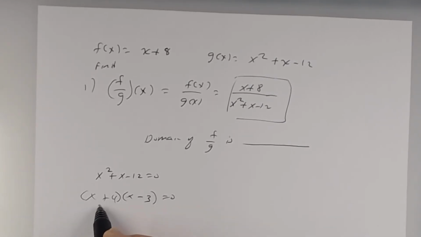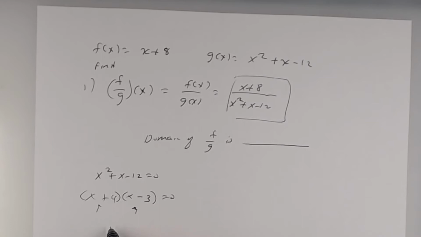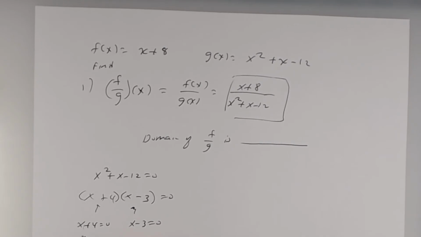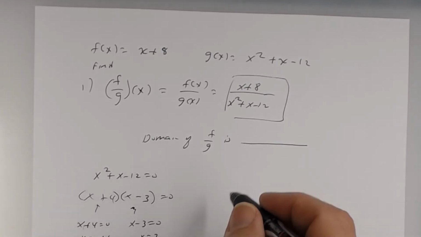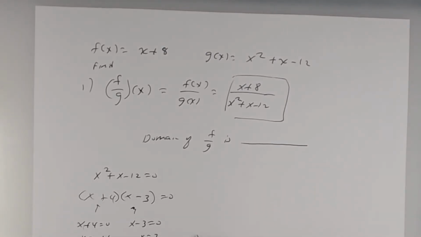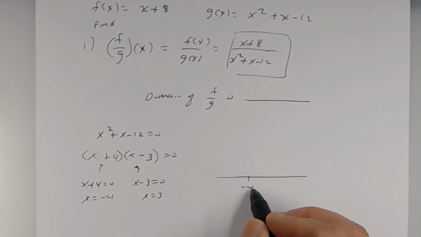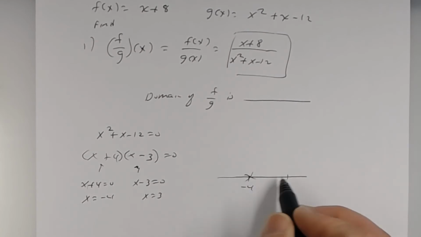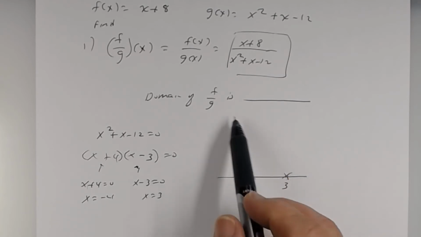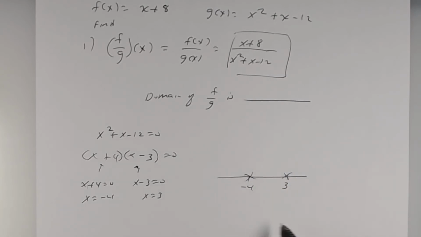And then you set each of these equal to 0. That's the zero factor property. So x plus 4 equals 0, x minus 3 equals 0. So what's x? And what's x here? Positive 3. And so you found your restrictions. So on your number line, you're going to put them in order. You're going to cross them out, which means I cannot use them. So my domain is going to have how many intervals? 3.